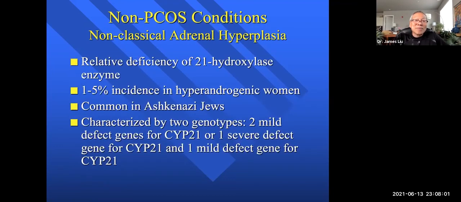Just a word about non-classical adrenal hyperplasia or cryptic 21-hydroxylase deficiency. It's much more common in the Eastern European Ashkenazi Jewish population. Maria New was the one that first described this. I don't find that the incidence is 5% at all. I think it's under 1%. It's probably oversubscribed. In my 30 years, I've seen very few.